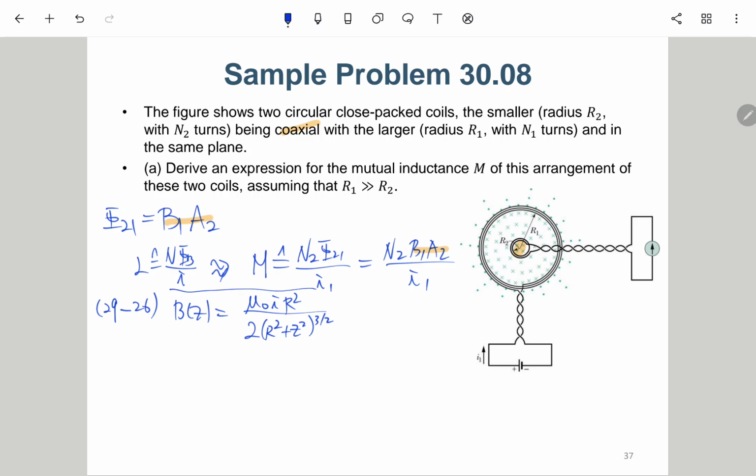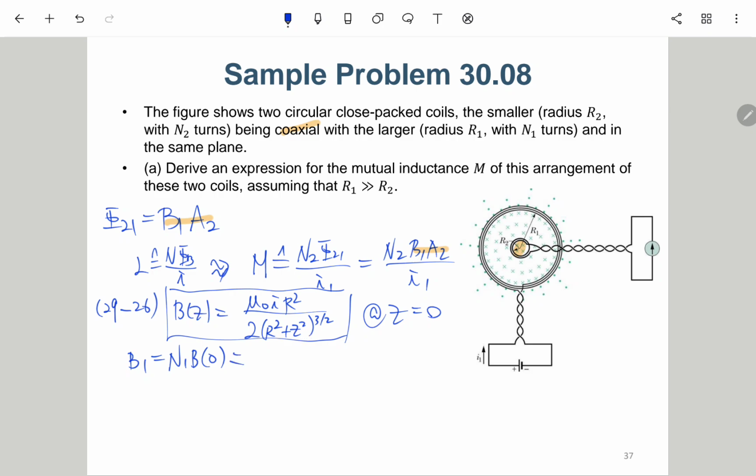Okay, so we just try to make use of it at z equals 0, because it mentioned that these two coils are on the same plane. So which means z will be 0. So in that case, we will have B1 to be N1 times B0 here, which means that we swap z to be 0.